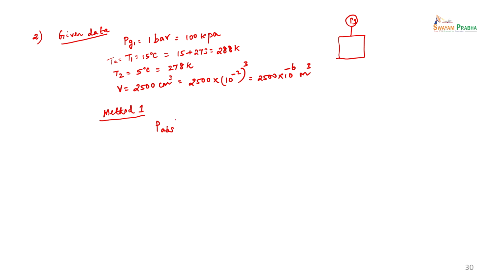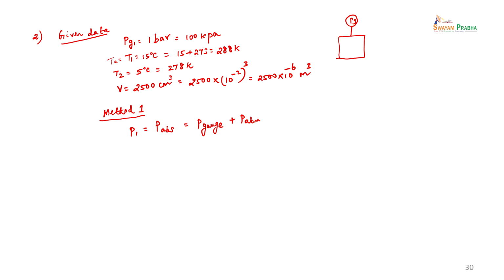Absolute pressure is equal to gauge pressure plus atmospheric pressure. Let us take this as P1. P1 is the absolute pressure.